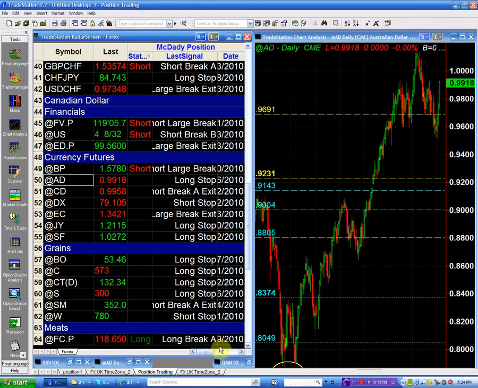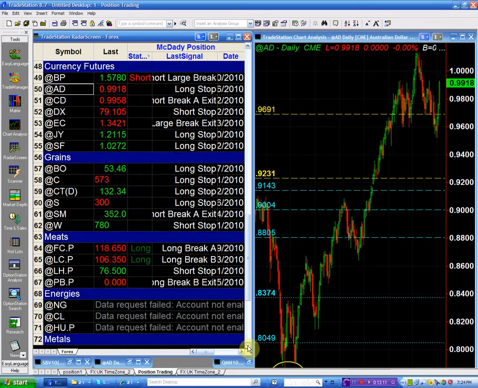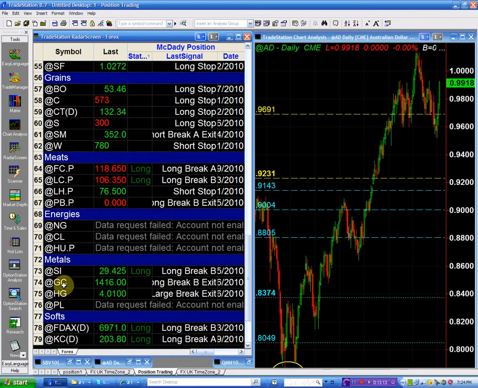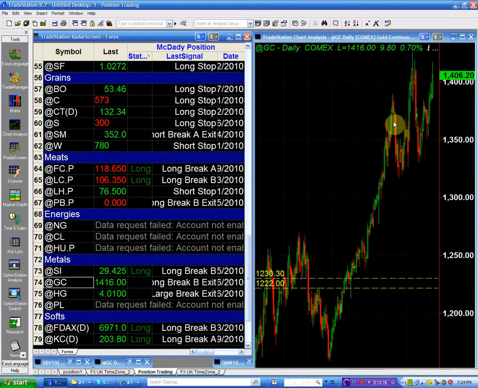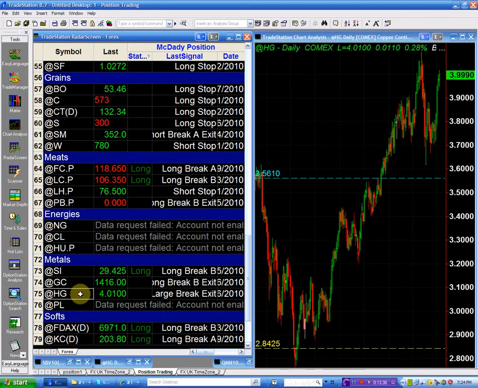You can also see gold. It has closed at 114.16. There is the gold again. Absolutely, Matthew, absolutely. There is your gold, and also there is your copper. It's already above $4 a pound.